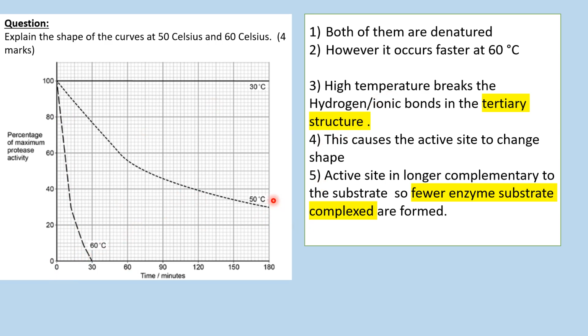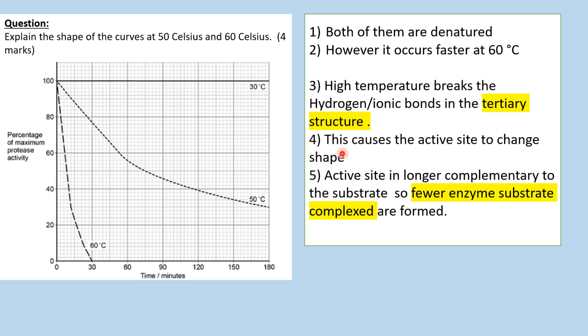And then you're explaining why it denatures at a high temperature, because I said to explain. At high temperature, it breaks the bonds in the tertiary structure, and you can't just say bonds, you have to specify. So high temperature breaks hydrogen bonds, ionic bonds. Just don't say bonds, mention the bonds, and don't mention disulfide.